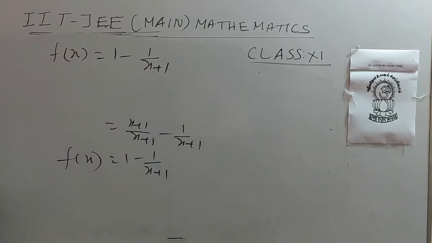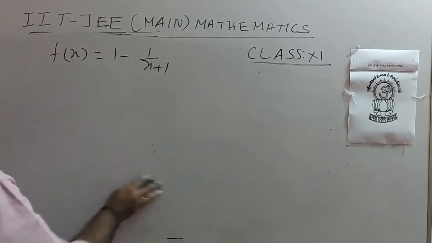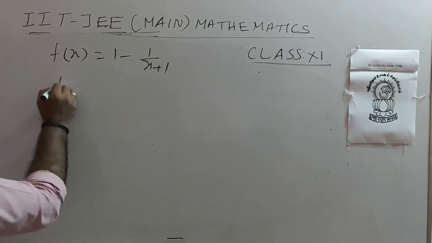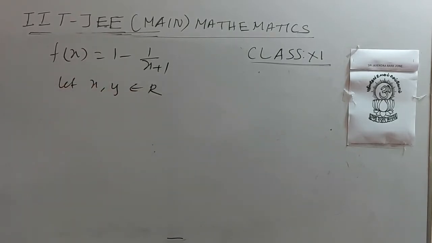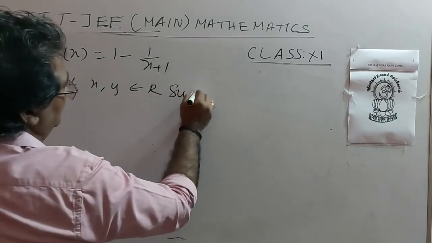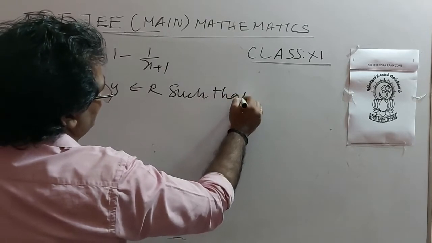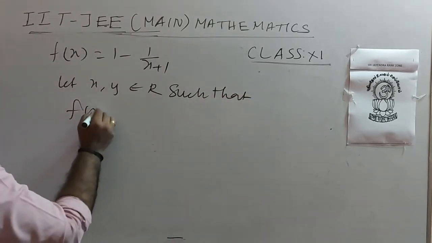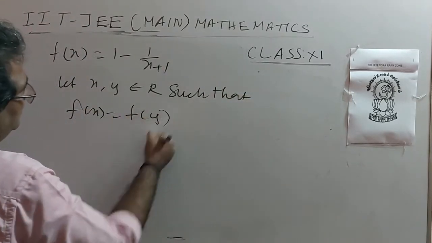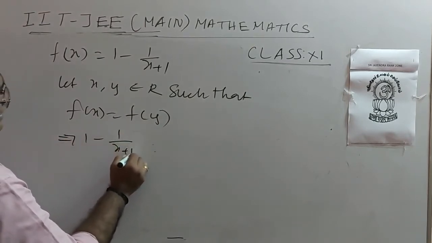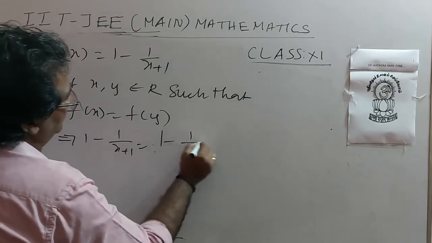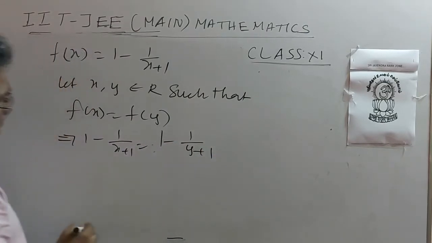So we have to verify whether it is one-one and onto. Let x, y belong to R such that f of x equals f of y. That means 1 minus 1 by x plus 1 equals 1 minus 1 by y plus 1.